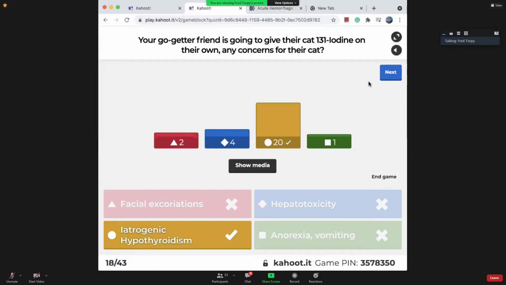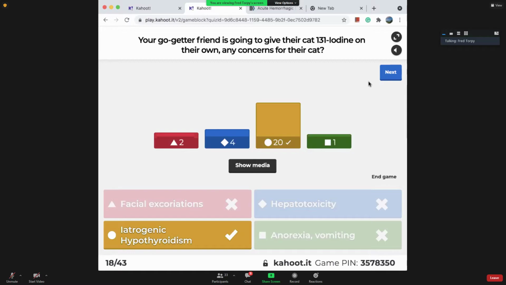So the biggest risk is overdoing it and giving too much of the radioactive iodine, and then you shut down too much of their thyroid gland, and it causes them to be iatrogenically hypothyroid and need thyroid supplementation for the rest of their life. So that's something you always warn clients about when they're going through this. And at UGA, we just started doing I-131 treatment again. I had a cat a couple weeks ago that got it, but it's totally something you have to warn them.